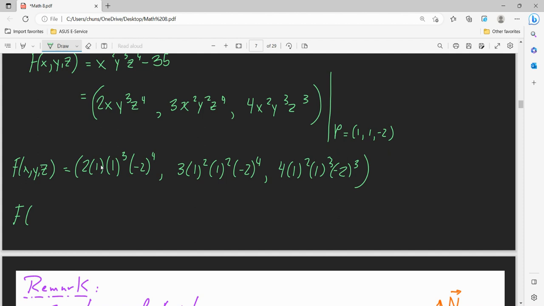And once we plug those values in, our gradient has 3 terms separated by commas, which is, so this is 2 times negative 2 to the power of 4, and this is 32.